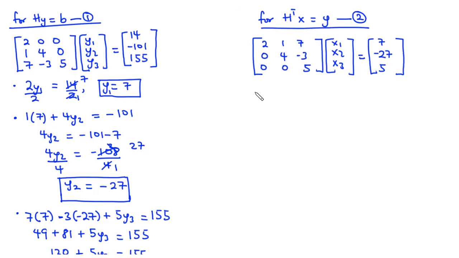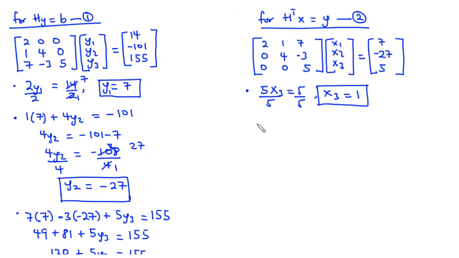Here we are going to do back substitution. So here also x1 corresponds to column 1, x2 column 2, x3 column 3. So we are going to have 5x3 equals 5. We divide through by 5. We have x3 equal to 1.